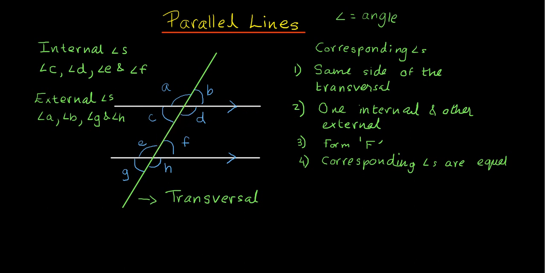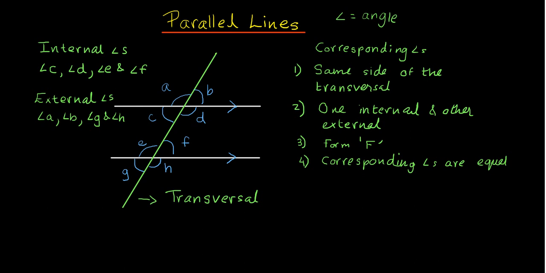But if I go over this in a different color, that's angle B and that's angle D. It does not look like an F to me, so that does not form a set of corresponding angles.